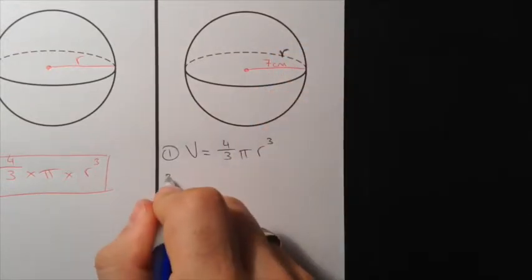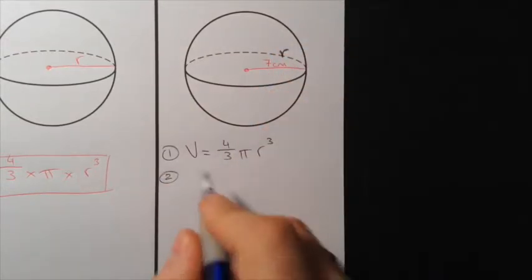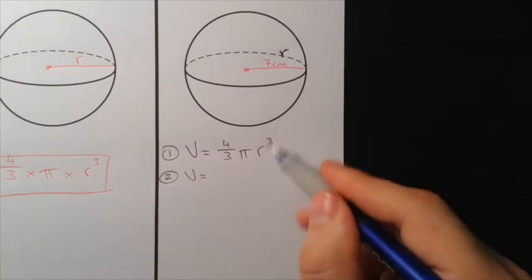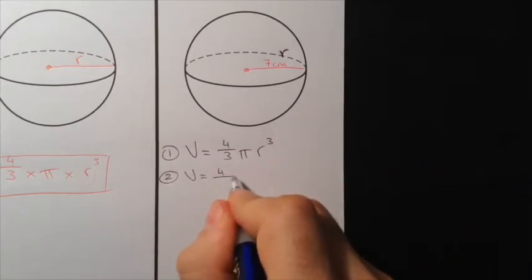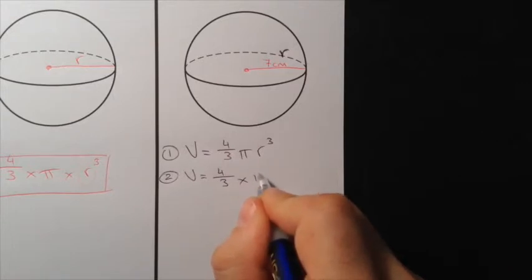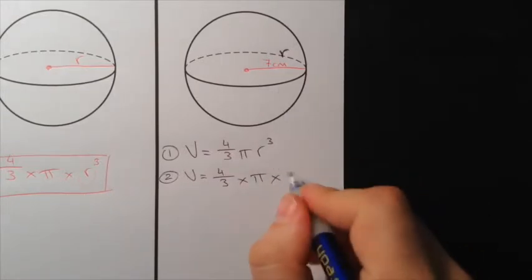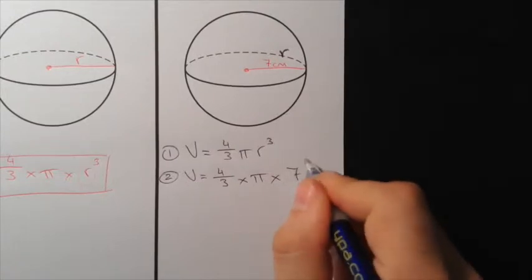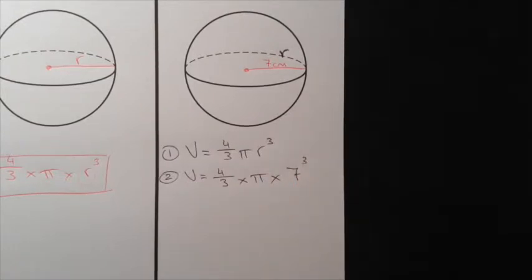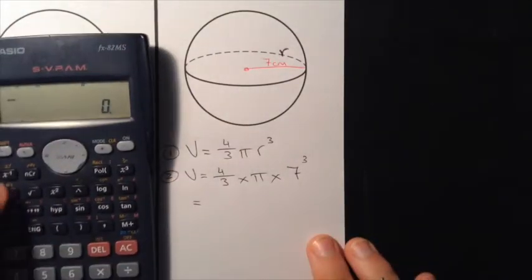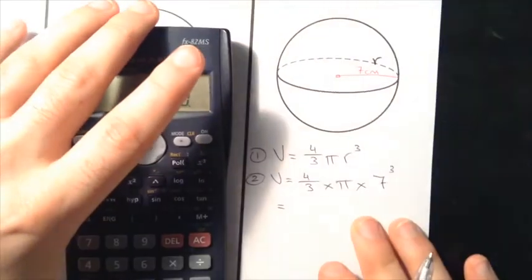Alright, so second last step, what we've got to do is substitute the numbers into our formula. 4/3 stays the same, pi stays the same. The only thing that we're substituting here is our radius, and we know that the radius is 7. So it's 7 cubed. Okay? We bring in our calculator again into view. There it is. Just set up a little bit differently.